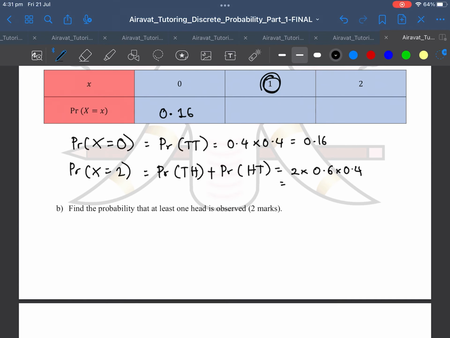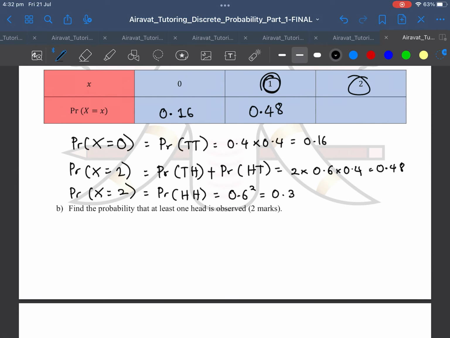That would give you an answer of 0.48. And the probability that x equals 2, meaning that you toss heads twice, is the probability of heads and heads, which is just 0.6 squared, which is 0.36.